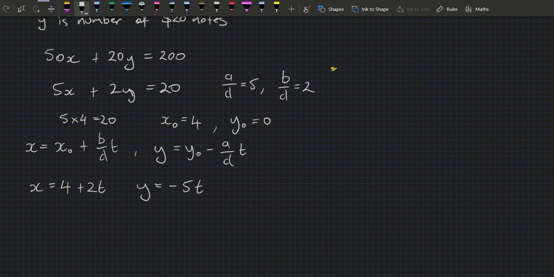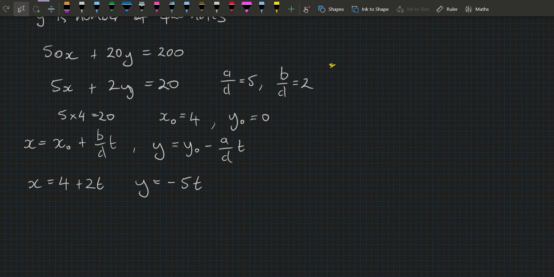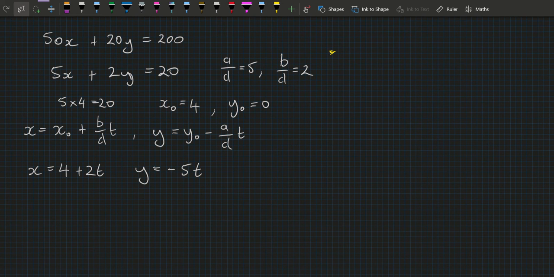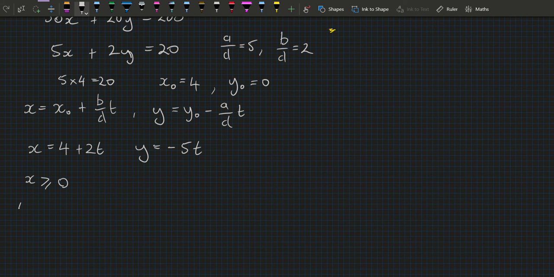All right, so the other thing to remember is that we can't have negative, it's not a bank account, we can't go into debt. Notes are physical things, so we can't have negative $50 notes or $20 notes in our wallet. So x has to be greater than or equal to 0, which means that 4 plus 2t is greater than or equal to 0, which means that 2t is greater than or equal to minus 4, or t is greater than or equal to minus 2.